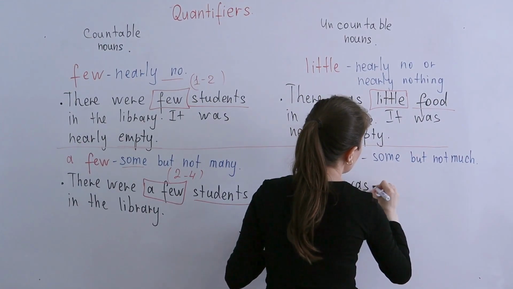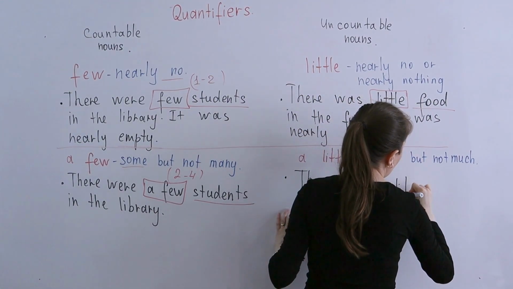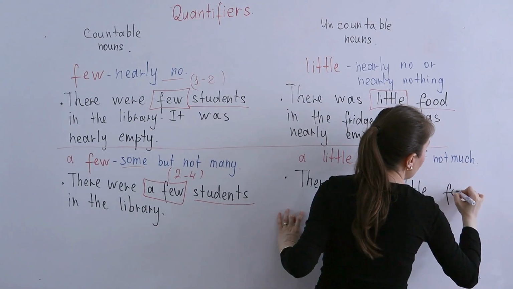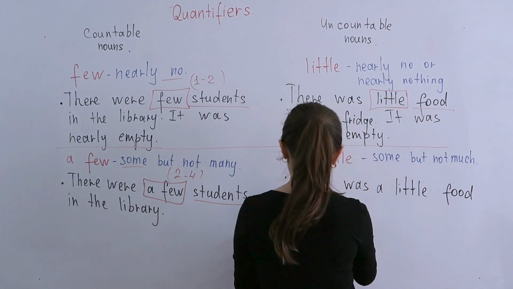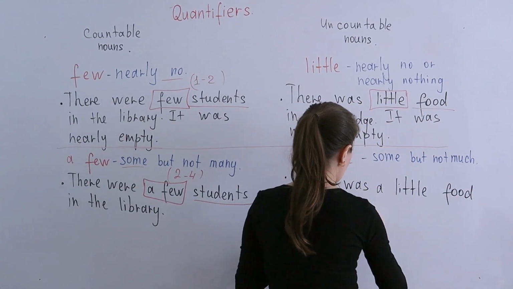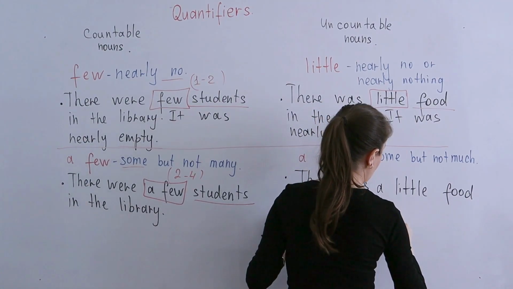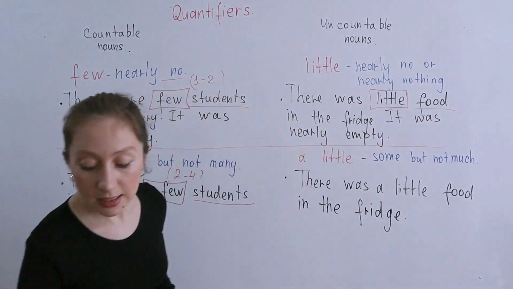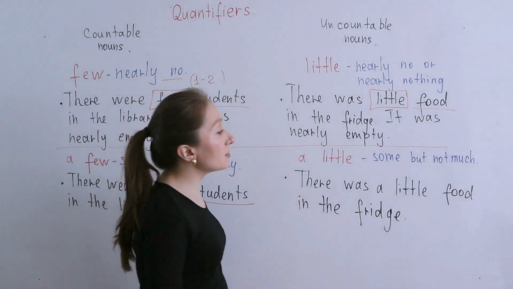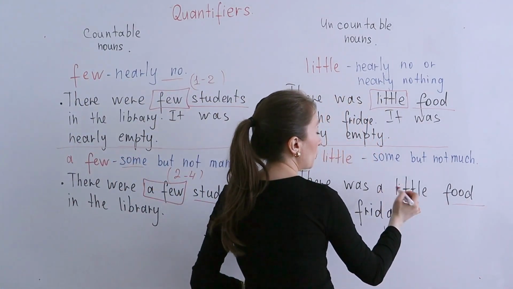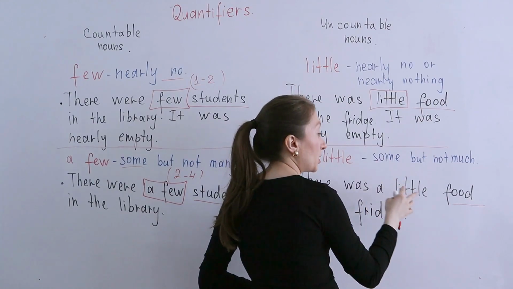There was a little food in the fridge. So food is an uncountable noun. That's why we use the quantifier with the word little.